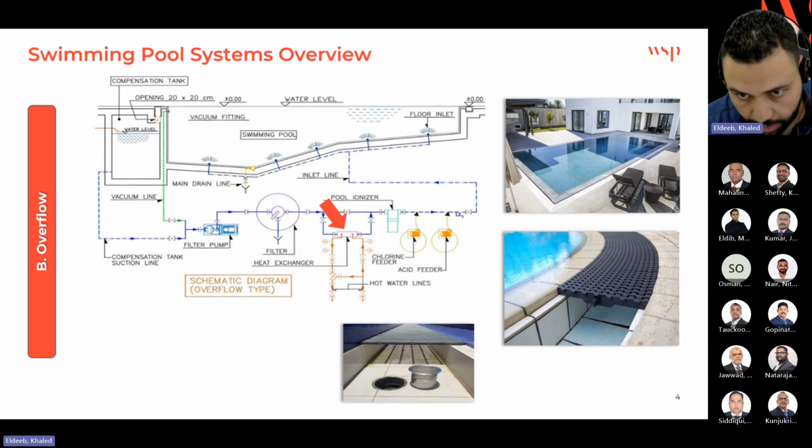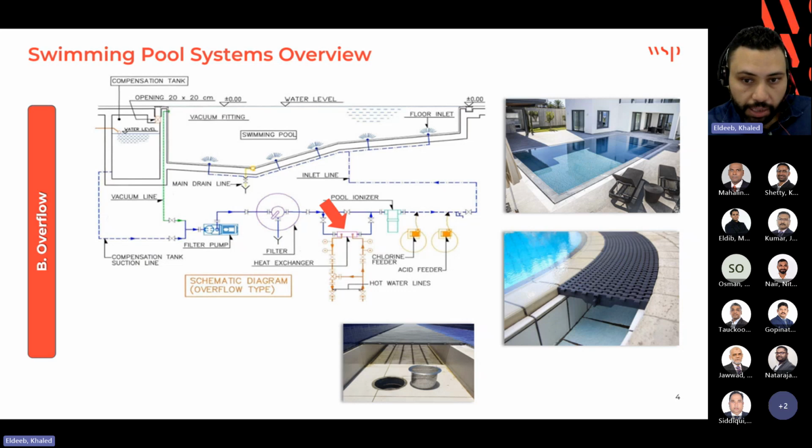But we need to know that selecting a skimmer or overflow system is ultimately an architecture decision, as it is part of the architecture design. In fact, most projects are having an overflow system because it gives a more luxury look and better architecture design compared to the service skimmer system. If you see most of the new hotels in Dubai today, they use the overflow system.